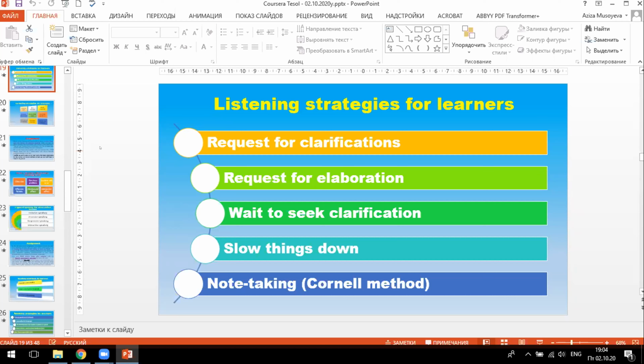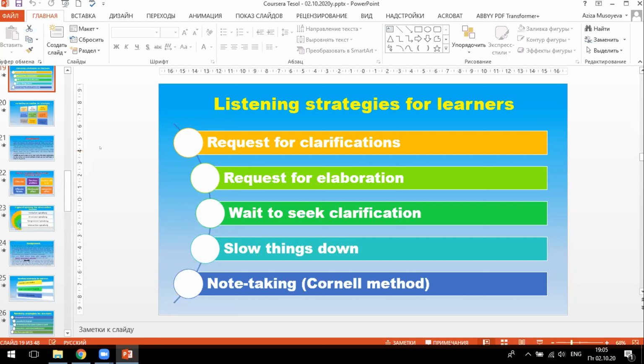And note taking, they talk about the Cornell method. The Cornell method means they can do it in their notebooks. For example, you ask them to divide their notebooks, and while listening to the audio, they may take notes, and on the right side they can write questions that they didn't understand, or questions about the listening, and at the bottom they can write down the summary of the listening.